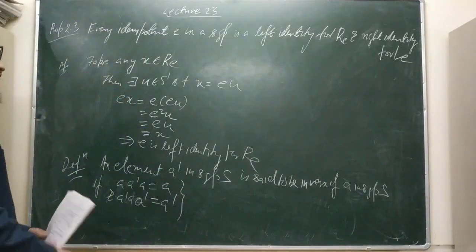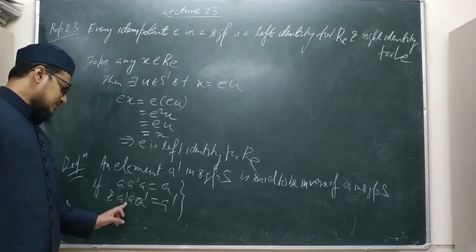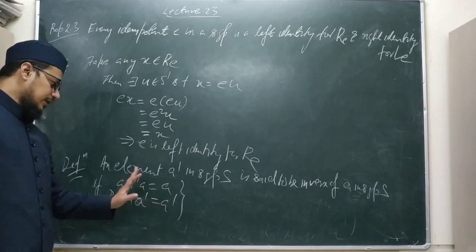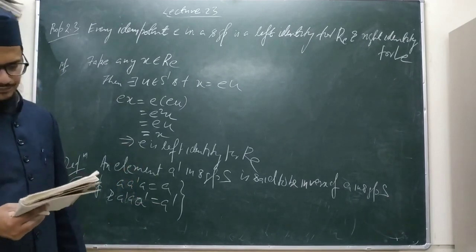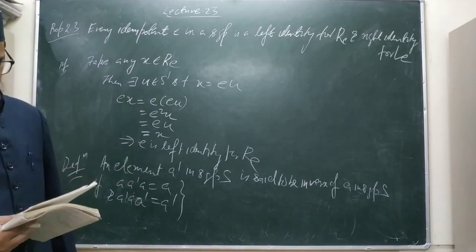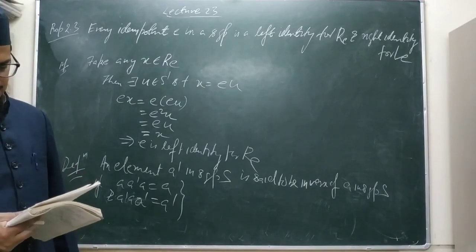If these two properties hold, a a dash a is equal to a and a dash a a dash is equal to a dash, then we say that a dash is the inverse of a. Correct.